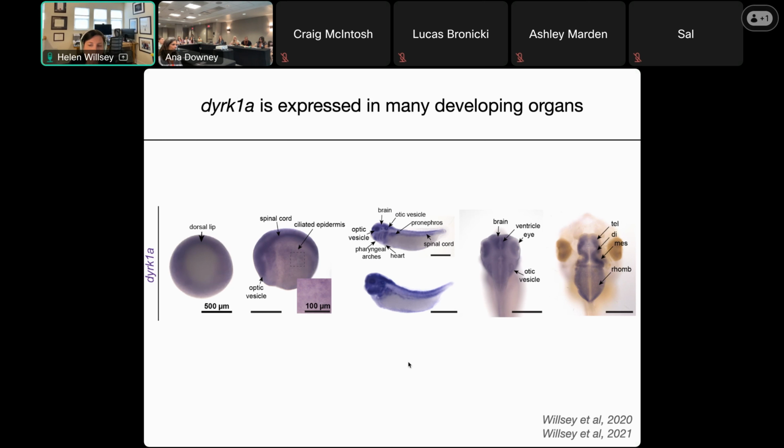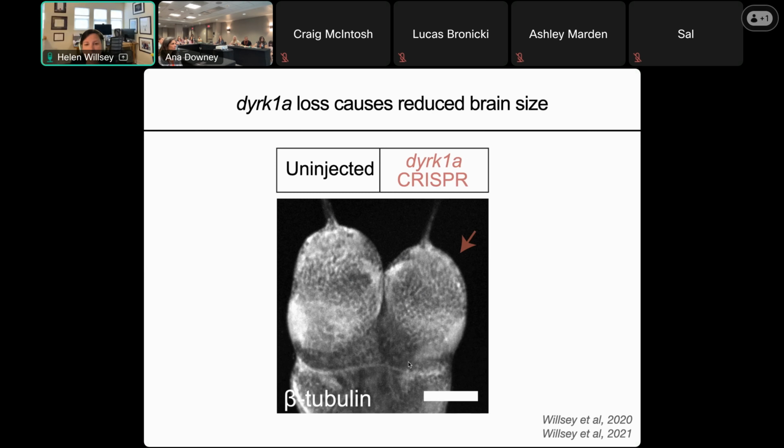And so what we did was that half and half analysis to knock out DYRK1A and produce loss of function variants in one half of the animal and compare it to the other side. And when we did that, this is now a zoom in on the forebrain part of the brain.